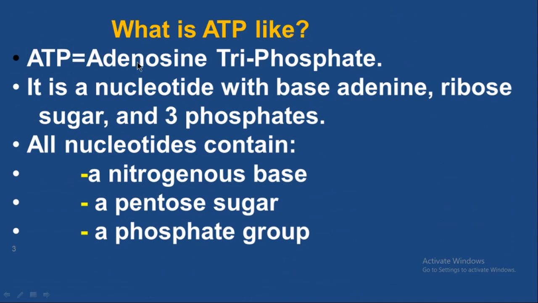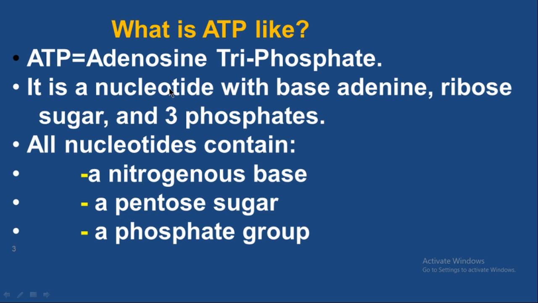ATP is adenosine triphosphate. The full name of ATP is adenosine triphosphate. That means a nucleotide with base adenine, ribose sugar, and 3 phosphate groups. You know nucleotide. Nucleotide is the building block of nucleic acid.